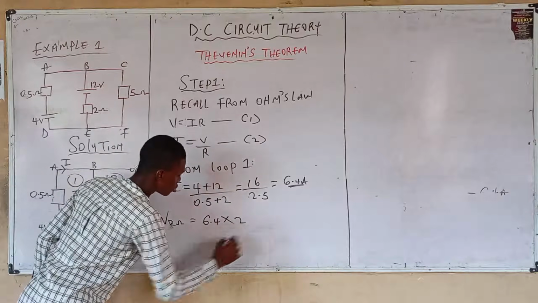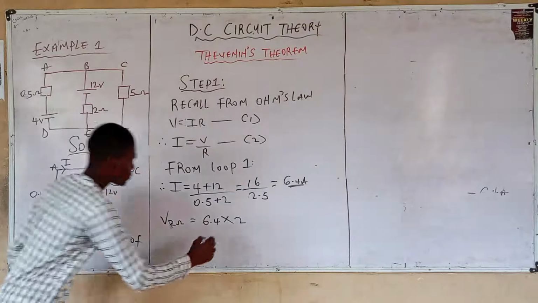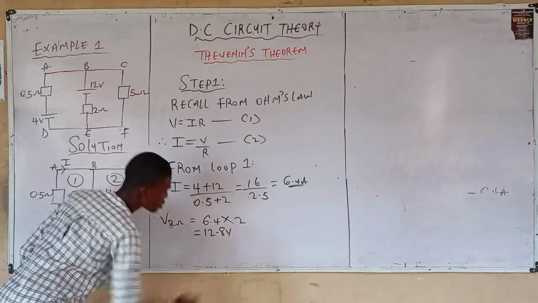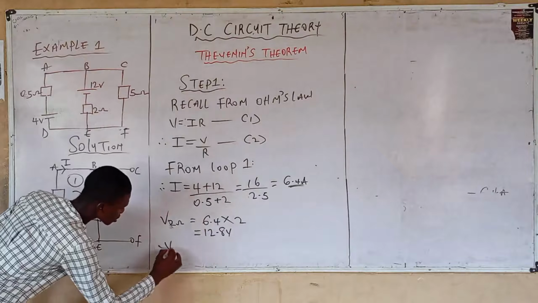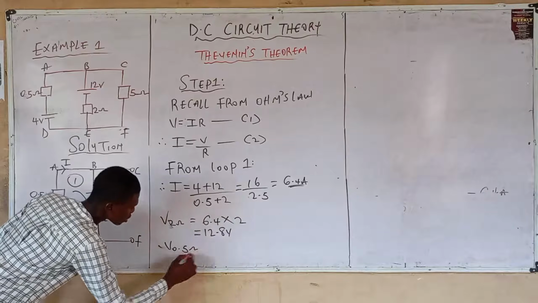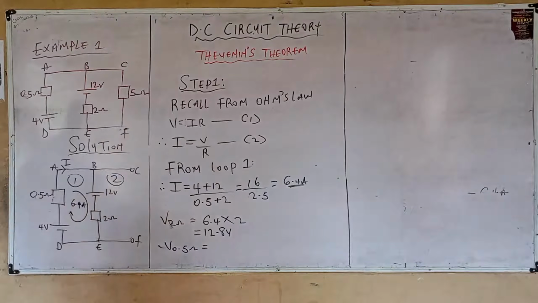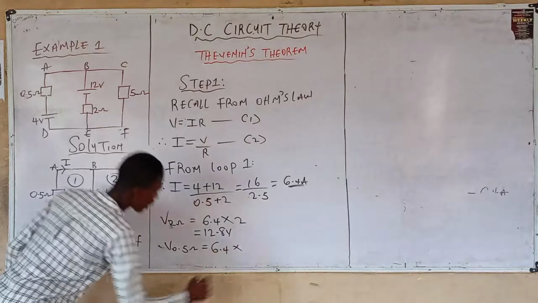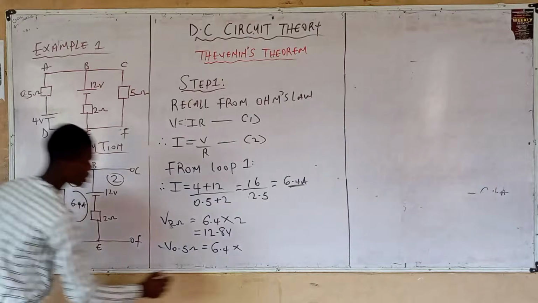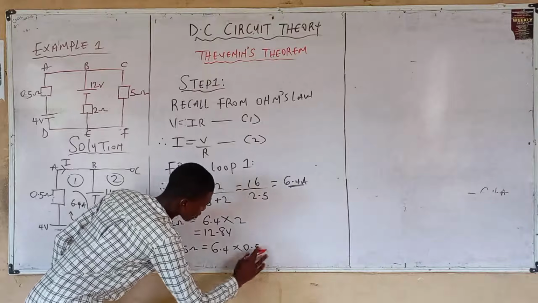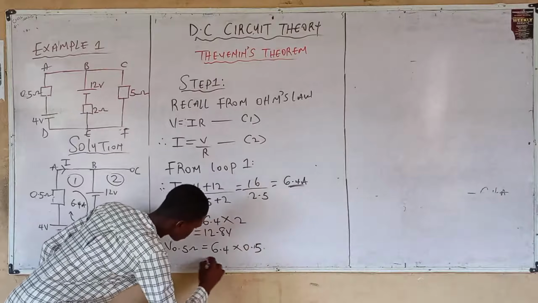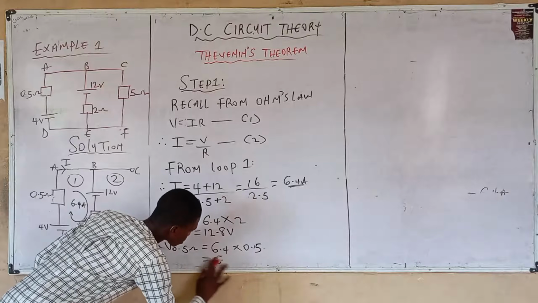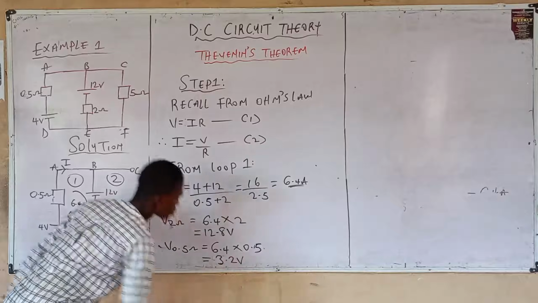What do you have? It's 12.8 volts. Also, the voltage of 0.5 ohms, applying equation 1: the current is 6.4 times the resistor itself, 0.5, which is equal to 3.2 volts.